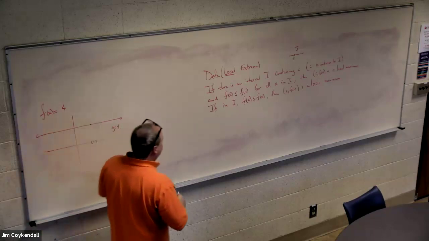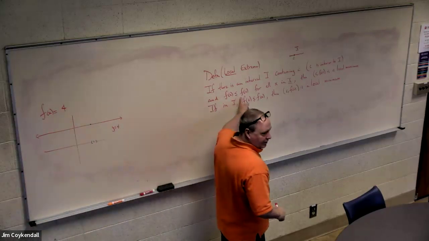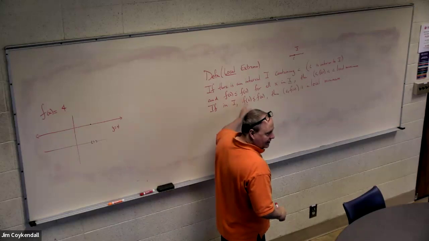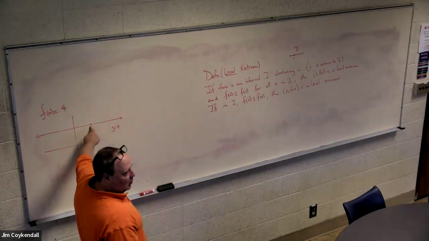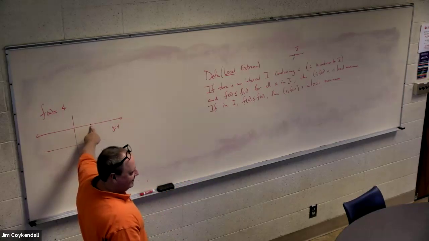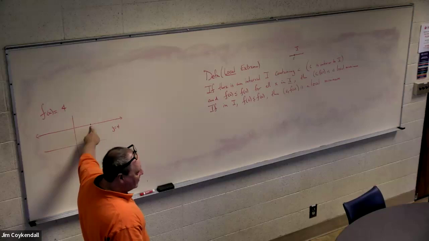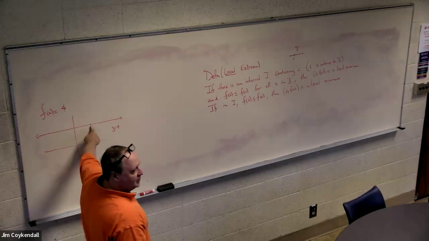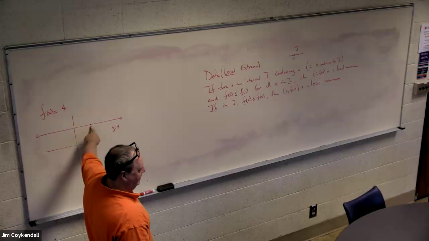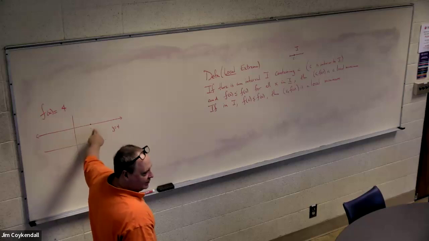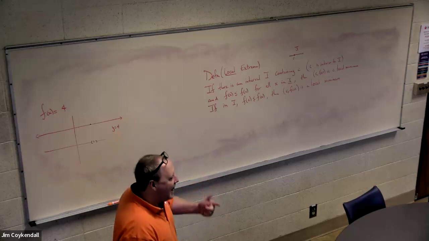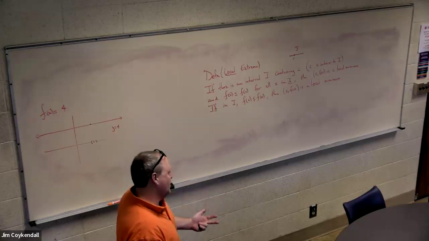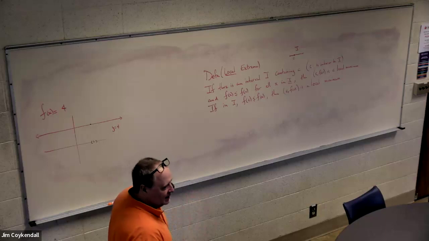this is the biggest kid in the neighborhood because I use less than or equal. So technically, this is a local what? It's also a local min. So this is Jim's patented stupid example today. Every point on this is a local maximum, a local minimum, and it's an absolute maximum, and it's an absolute minimum, right?